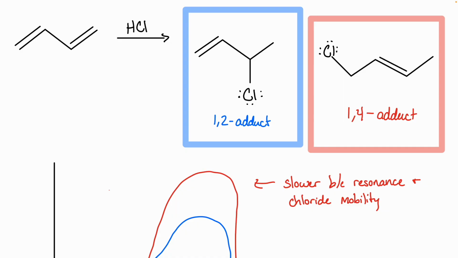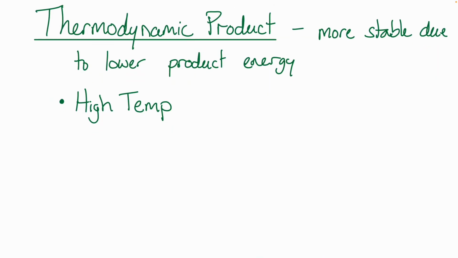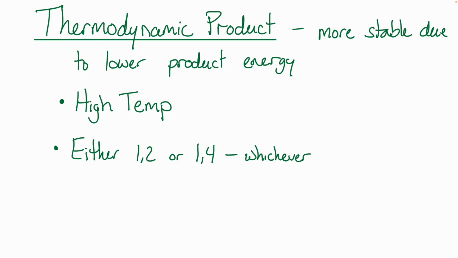In this case it was, because that was our more substituted double bond, but we can think of alkenes where that wouldn't be the case. So we have to say for this one it could be either the 1,2 or the 1,4, whichever is more stable or has that more substituted double bond.